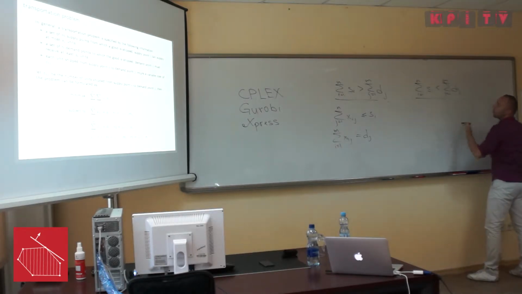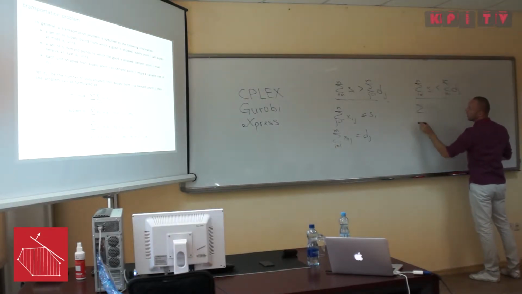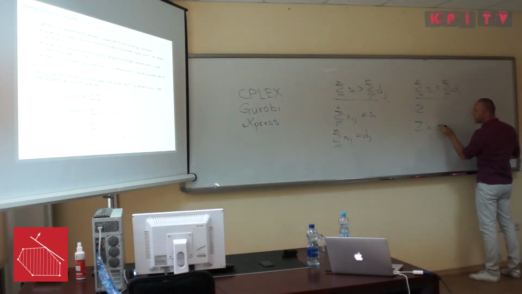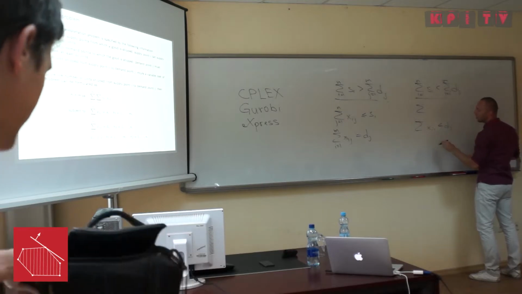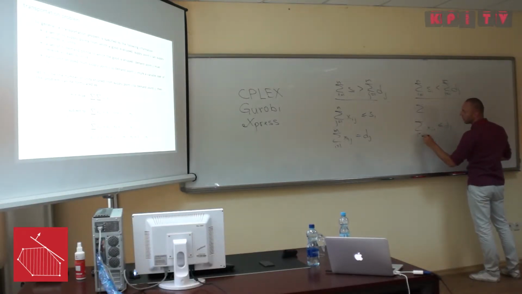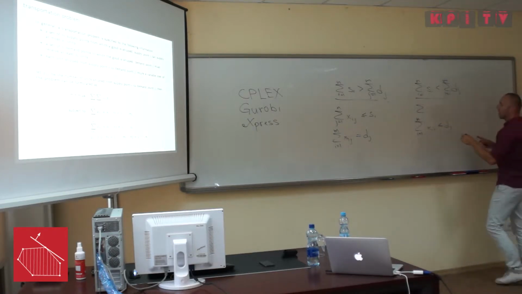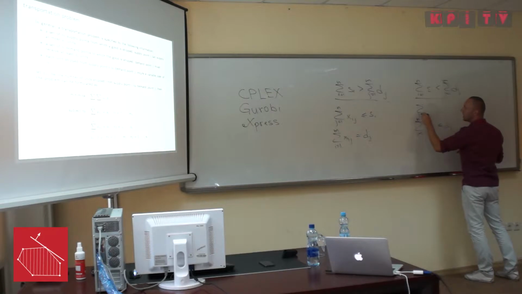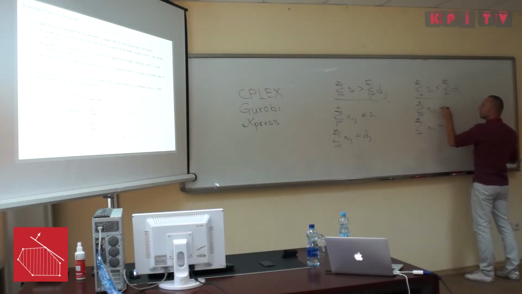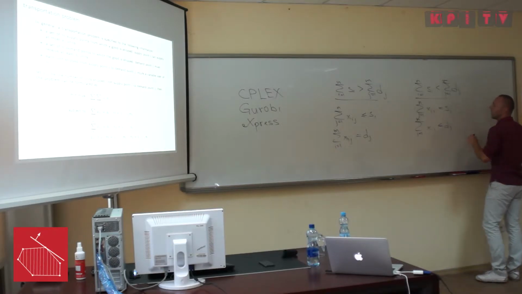I can do a similar story, my xij being less or equal to the respective demand, i from 1 to m. Am I doing the right thing? Well, if I messed up something with the indices, you understand what I mean. Like that.